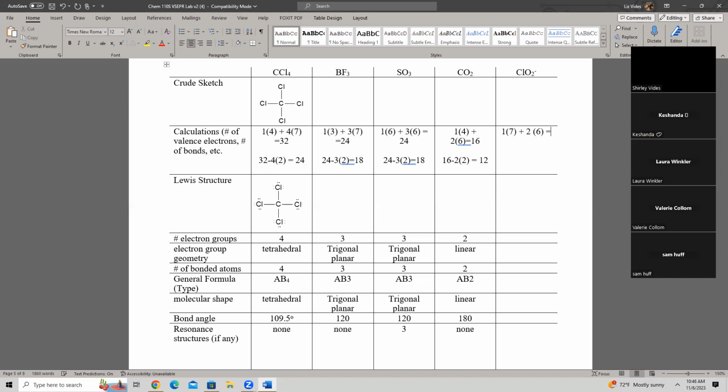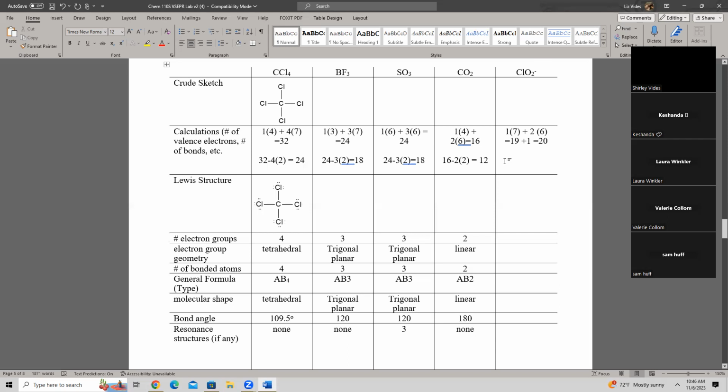That gives us a total of 7 plus 12, that's 19, right? But we also have an extra electron, which gives us 20. Remember the negative needs to be added.